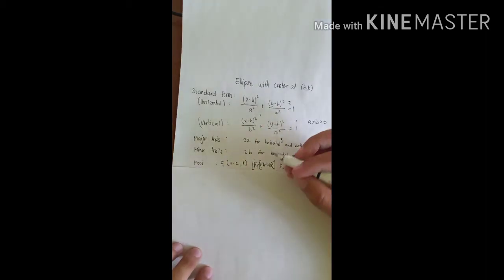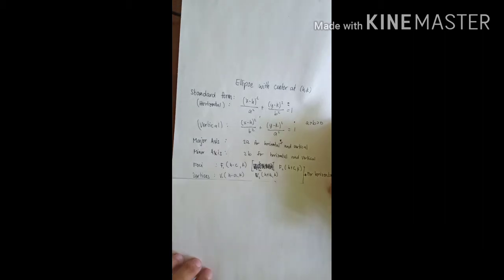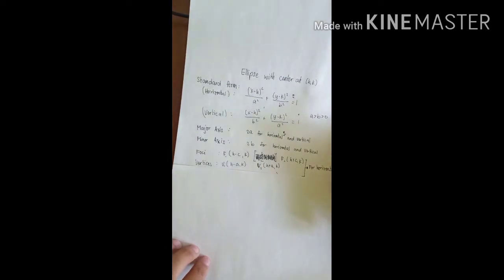Next, the foci. For horizontal, we have f sub 1 (h minus c, k) and f sub 2 (h plus c, k). Next, the vertices for horizontal, v sub 1 (h minus a, k) and v sub 2 (h plus a, k).